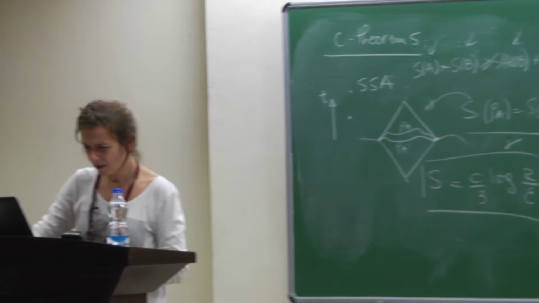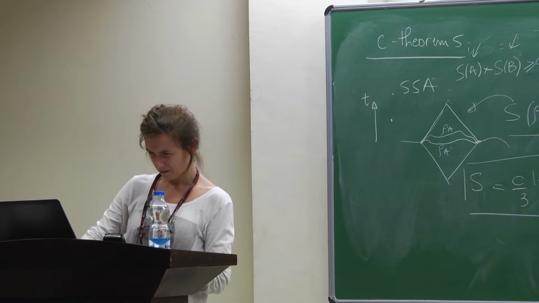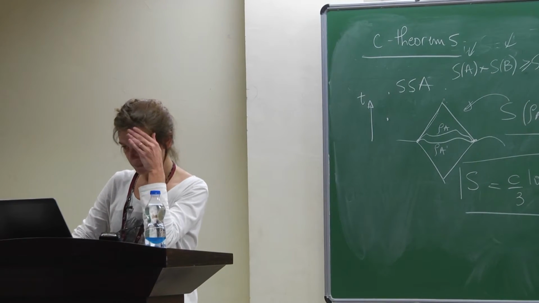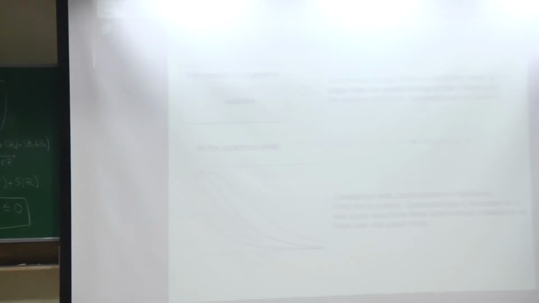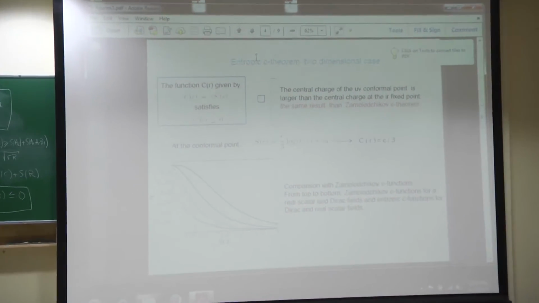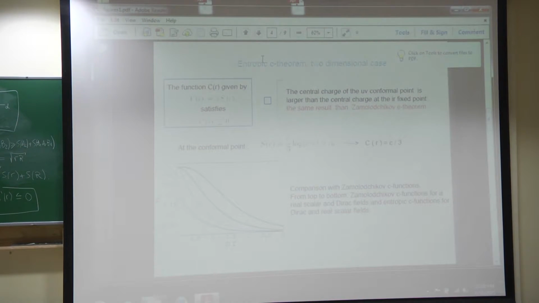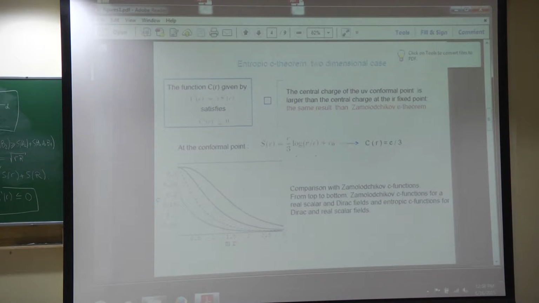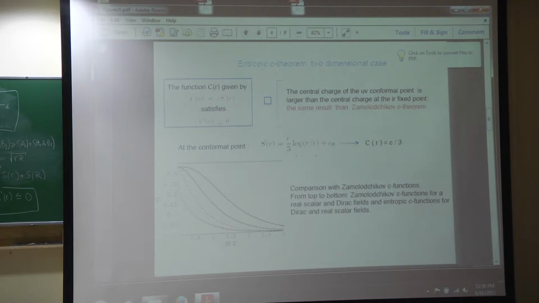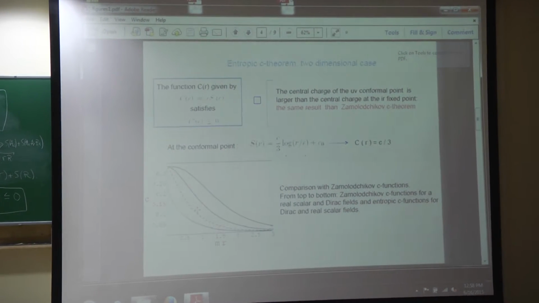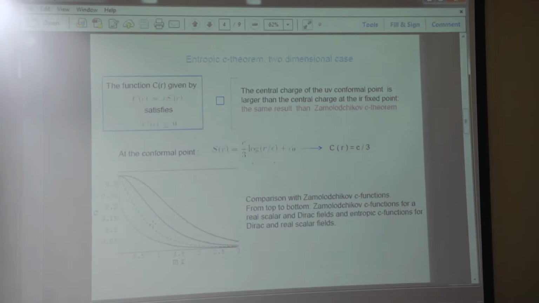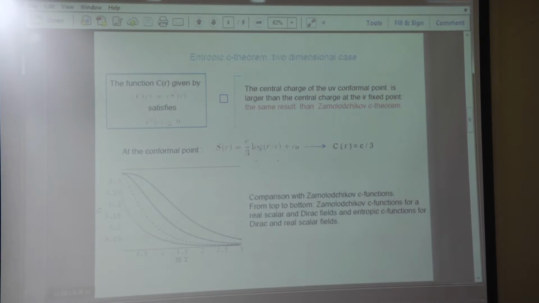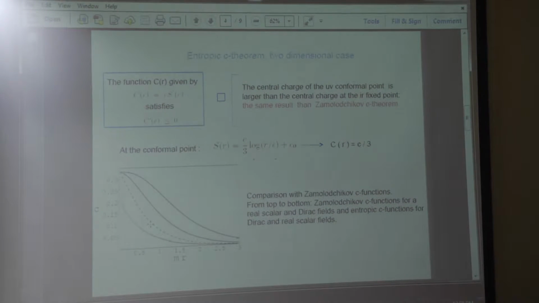So let me show you how it looks. Okay. So from top to bottom, the first two are the Zamolodchikov C functions for a scalar and a Dirac fermion, and these two are the entropic C functions.